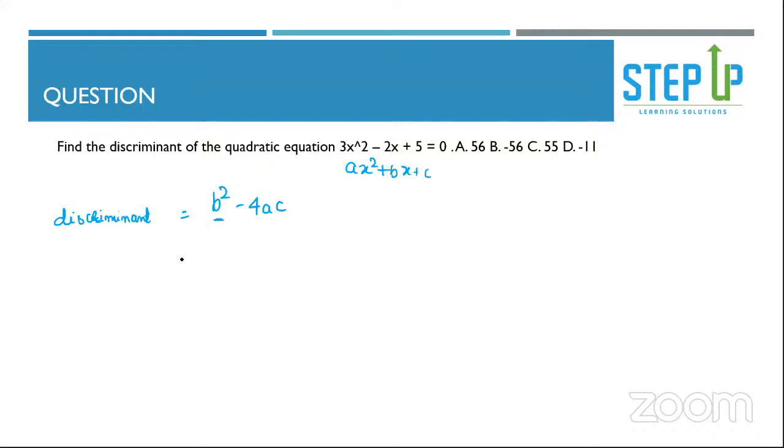So b square will be 4, minus 4 into a, which is 3, and c is 5. So 4 minus 60. Yes, the answer will be minus 56. Is the option there? Yes, minus 56 will be your answer. Correct. Okay, we'll move to the next one.